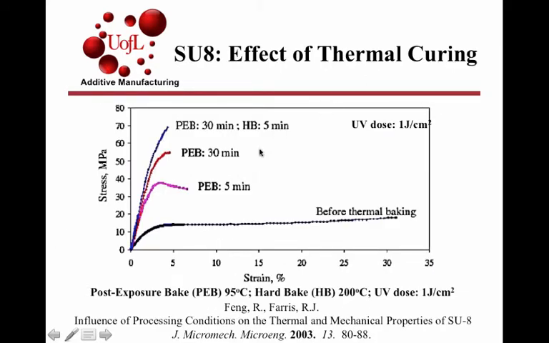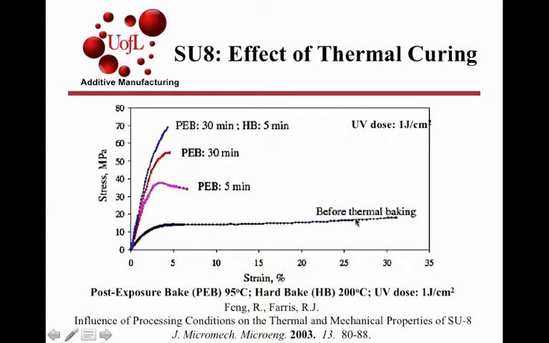In this plot, from another article, you have stress versus strain for materials that have initially been exposed to a UV dose of 1 joule per square centimeter. In the as-exposed state, you have a very high strain possible in the material, a highly elastomeric material.